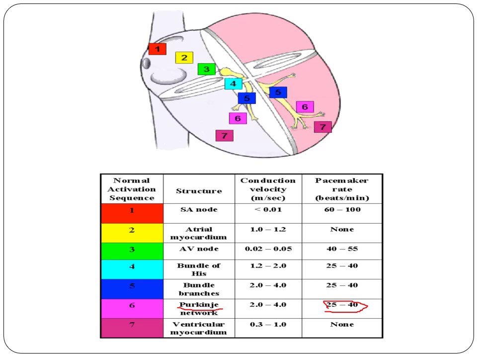Now, look at the pacemaker rate of the Purkinje network. It's only 25 to 40 beats per minute. It's much weaker than what the SA node can do because the SA node can beat for 60 to 100 beats per minute.